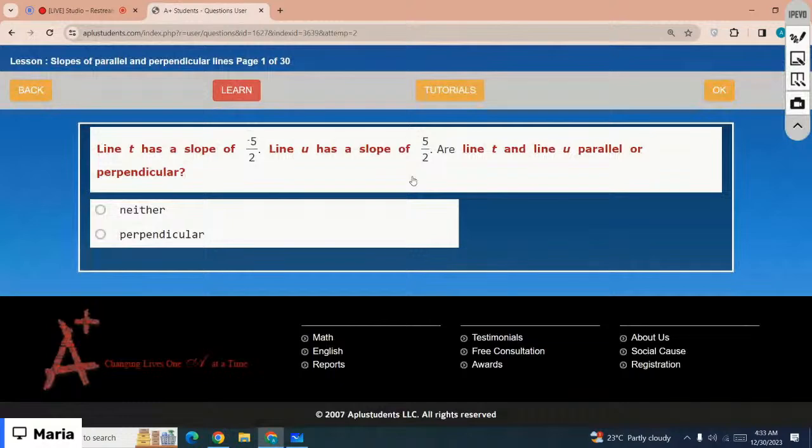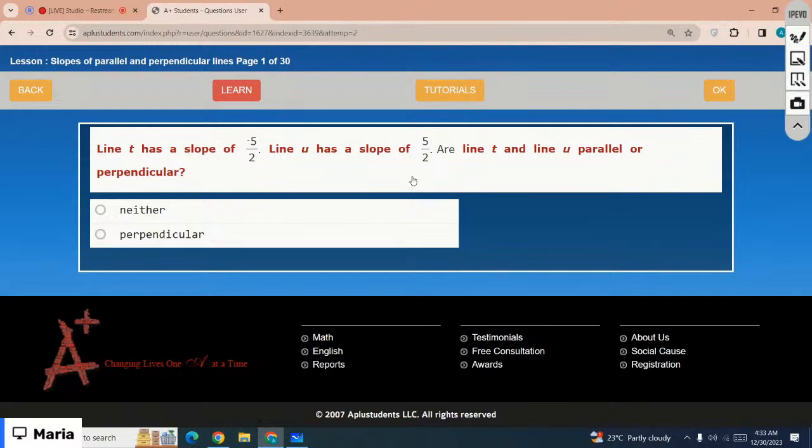Line T has a slope negative 5 over 2, and line U has a slope 5 over 2. Are line T and line U parallel or perpendicular? If two lines are parallel, their slopes must be exactly equal. Parallel lines have the same slope. So the slope is not the same. You can see the other one has a negative sign.